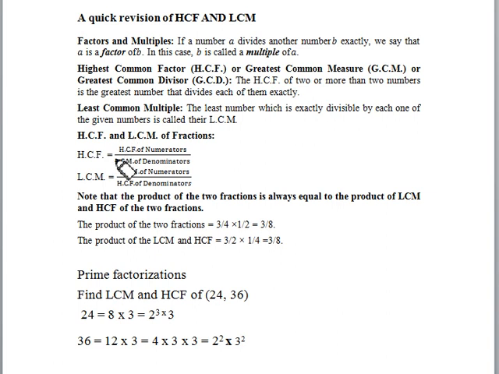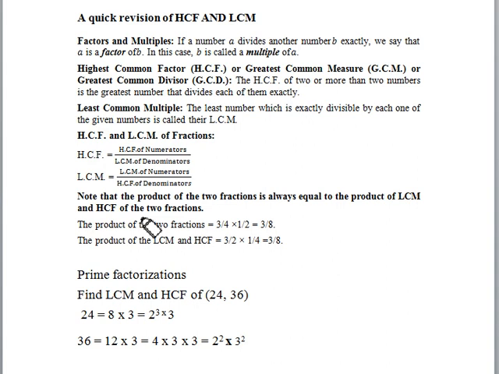Second thing: if they're asking the LCM and HCF of fractions, then the HCF of fractions is the HCF of the numerators divided by the LCM of the denominators, and the reverse if they're asking the LCM of fractions: the LCM of numerators divided by the HCF of denominators.